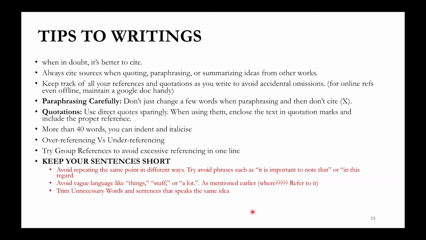So make sure that you keep track of all the references and quotations that you're writing, to avoid any accidental omission. It is better to have an online document, or a pen and paper with you all the time, or a Word file on your laptop where you can copy and paste the references that you have read and come back to them.